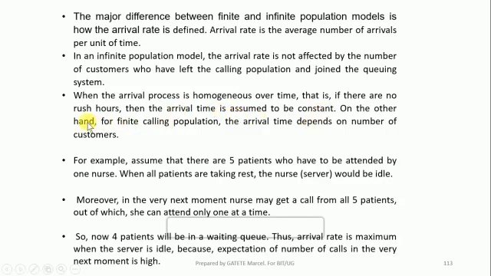But on the other hand, for a finite calling population, the arrival rate will depend on the number of customers, because we have a limited population.